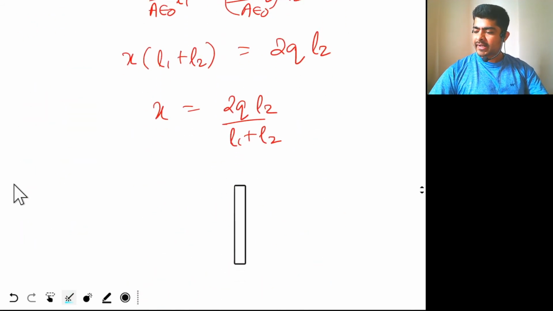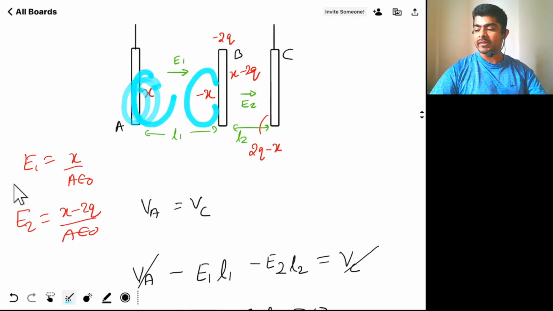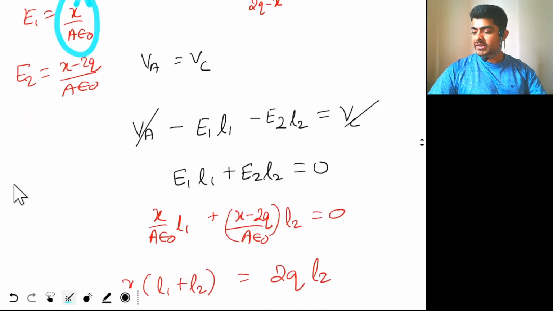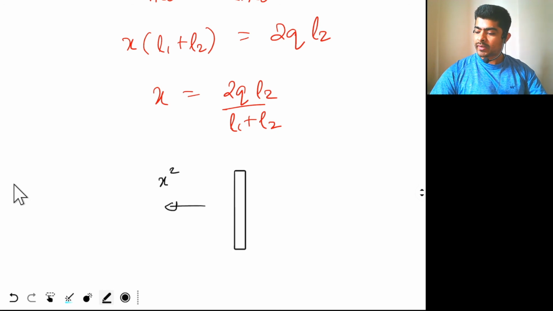So A will create how much field over here, just because of charge X? X and minus X together create X by A epsilon naught, but just because of charge A, force will be in this direction, attraction. So X squared by 2A epsilon naught.